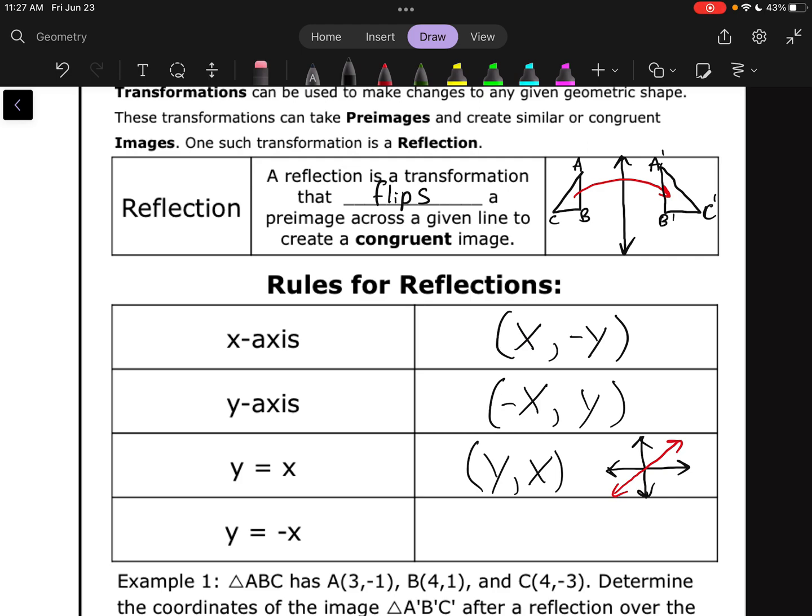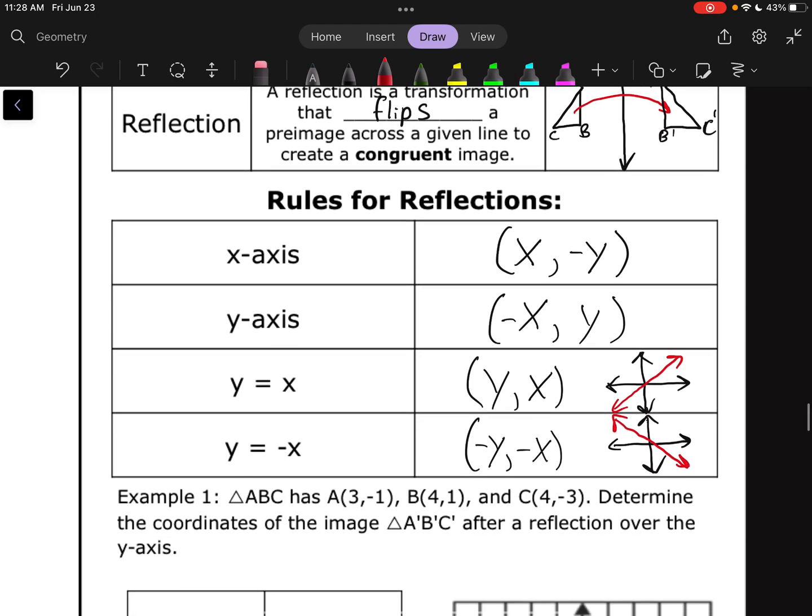And then if you want to flip over the line y equals negative x, that's going to be negative y, negative x. And that line, in case you don't remember that one, that's the opposite one. Oops, that's a bad drawing. Try that again. I did it again. I just want to go through the origin. Okay, that's better. That's the opposite one going down from left to right.